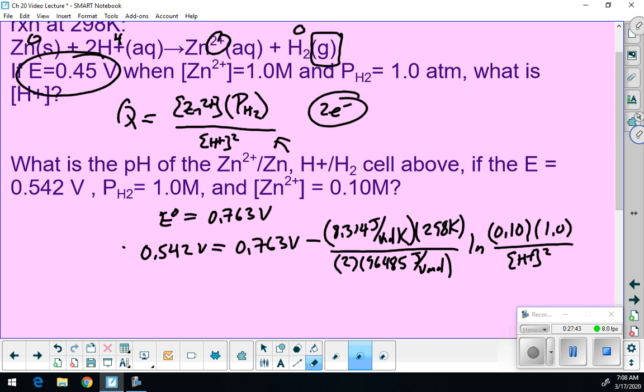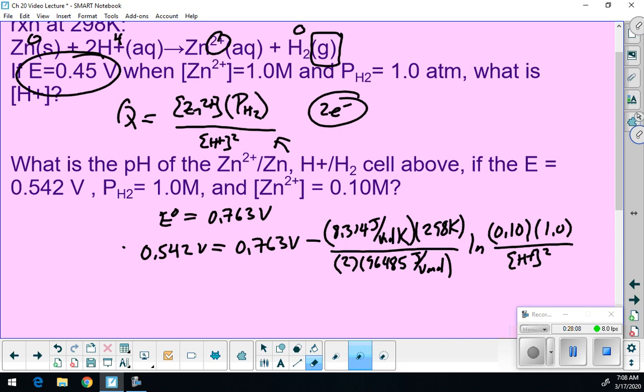So I have 0.542. I'm going to subtract 0.763, negative, divide that by negative 1. That gives me 0.221 times 2 times 96485 divided by 8.314 divided by 298.